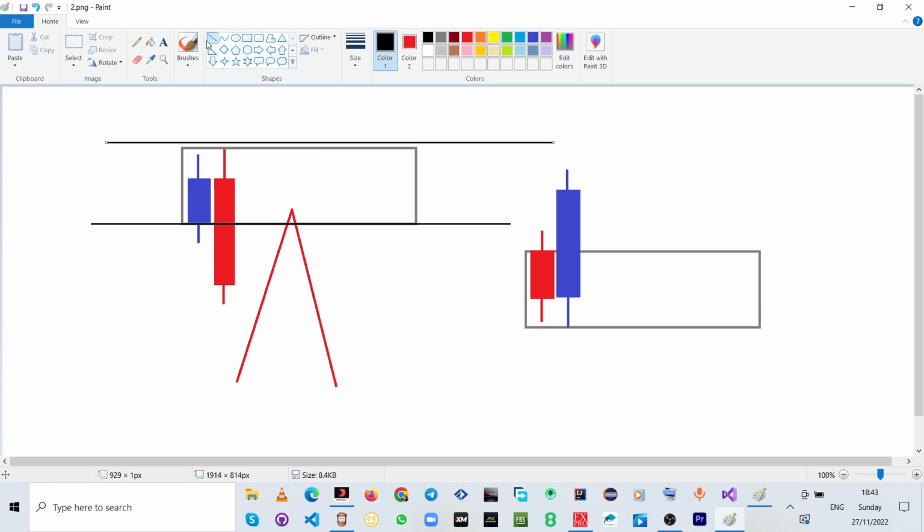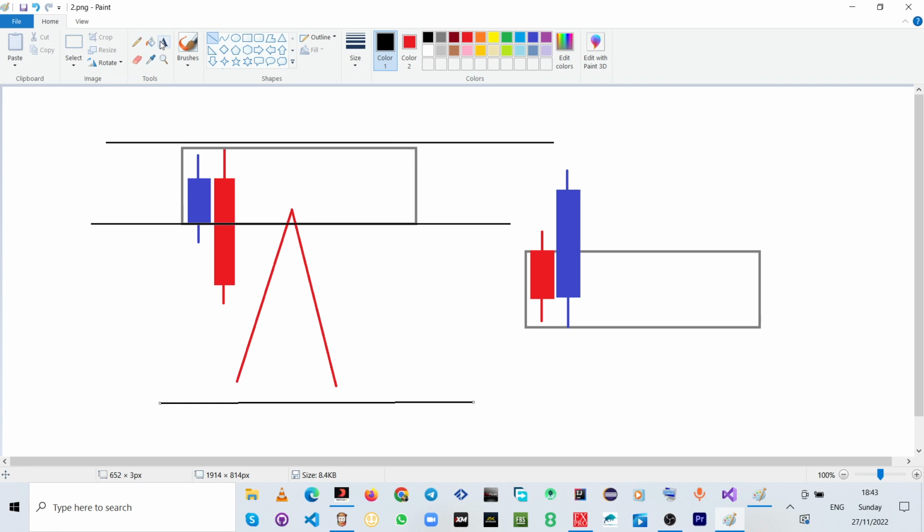Then your take profit will be in a zone that is below over here. And also make sure to maintain your risk reward ratio of 1:3 and more. That's what I encourage you to make sure of when you set your take profit and stop loss.